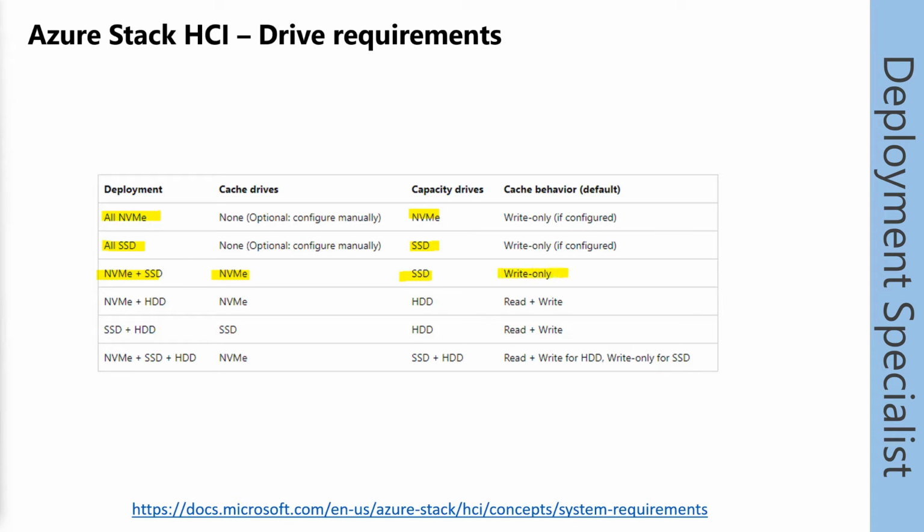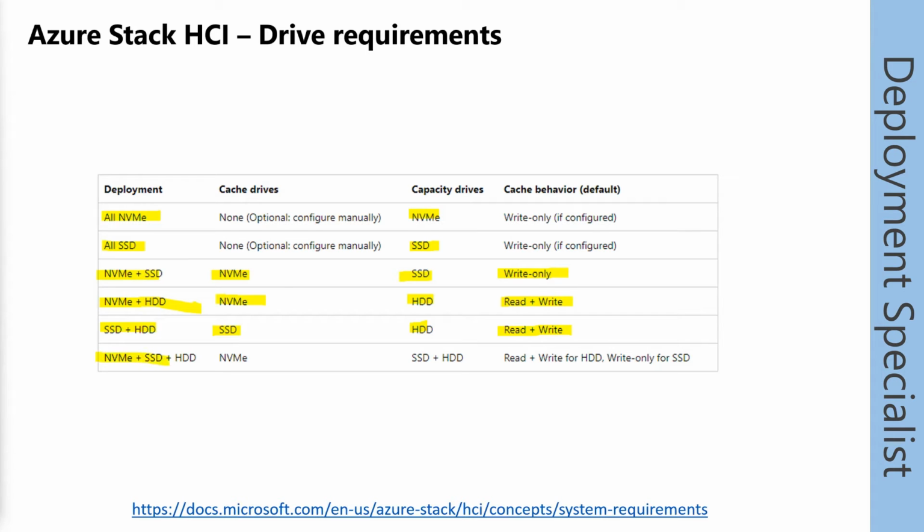The cache is configured for write only, as we have seen in the previous slide. NVMe and hard disk, the NVMe's are for cache, the hard disks for capacity. The cache is configured for read and write. The same for SSD and hard disk in combination. SSD is cache, hard disk is capacity, cache behavior is read and write.